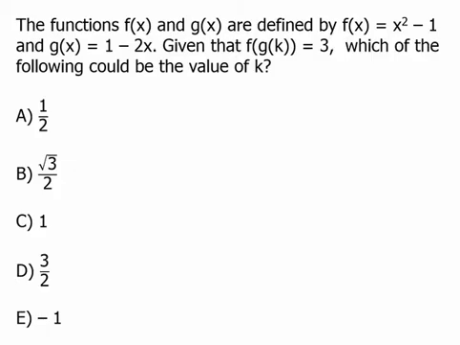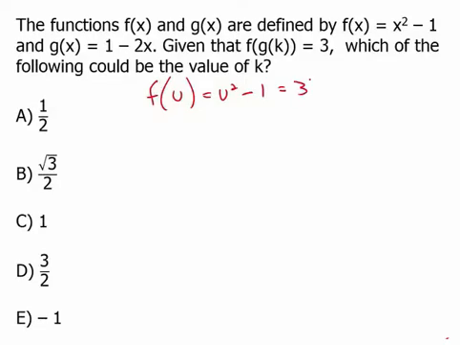This is a tricky one concerning functions. We have a composition of functions, f of g of k equals 3. So first of all, let's just figure out where f has an output of 3. I'm just going to call the input u. So u, f of u equals u squared minus 1.